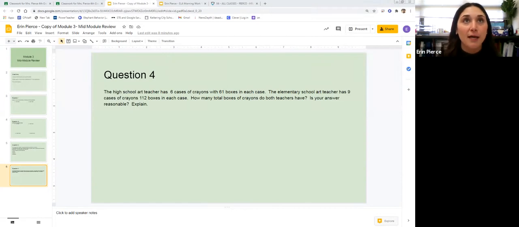Well, we have to go back and see what the question is actually asking us. It says the high school arts teacher has 6 cases of crayons with 61 boxes in each case. The elementary school art teacher has 9 cases of crayons, 112 boxes in each case. How many total boxes of crayons do both teachers have? This is our last thing, guys. What is my answer statement?